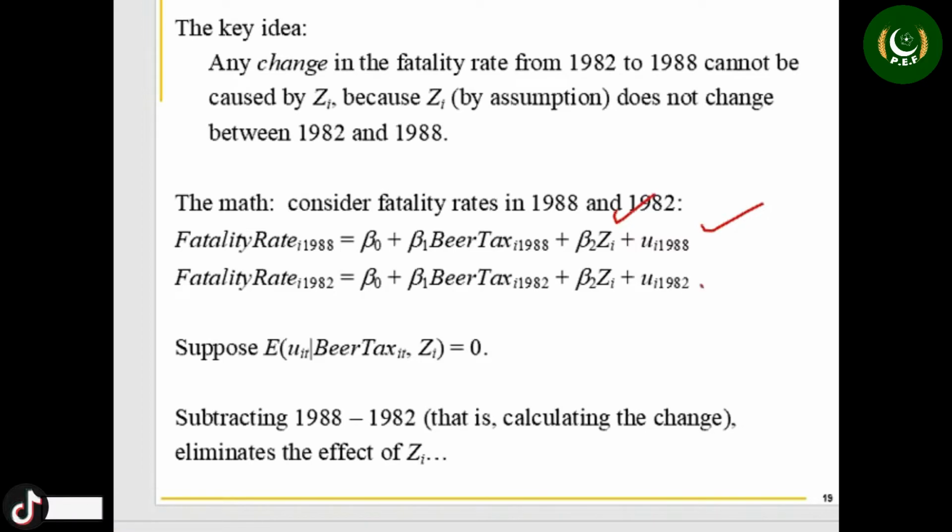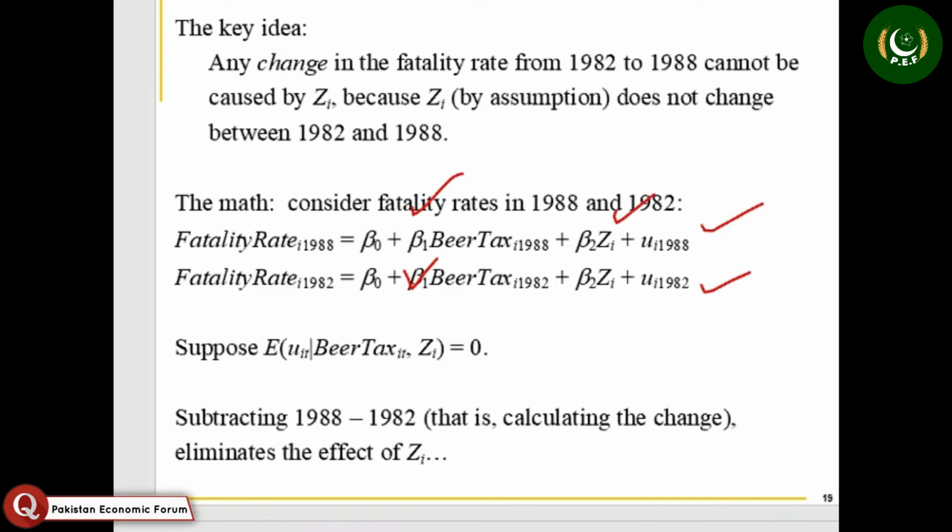You have 1982, and we have seen in both cases beta 1 is positive. Now we want to see whether an increase in beer tax from 1982 to 1988 leads to lowering of deaths from 1982 to 1988. That's what we need to see.